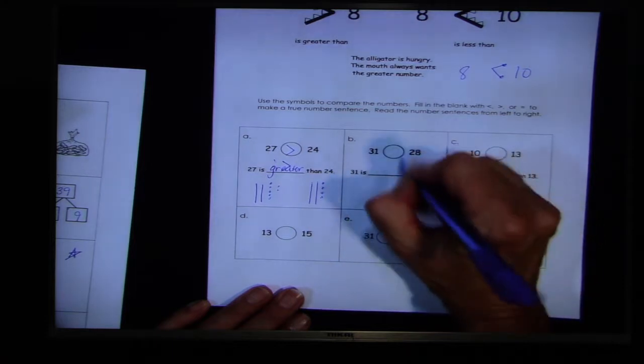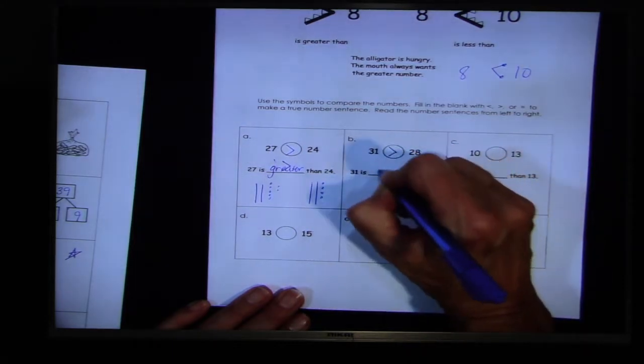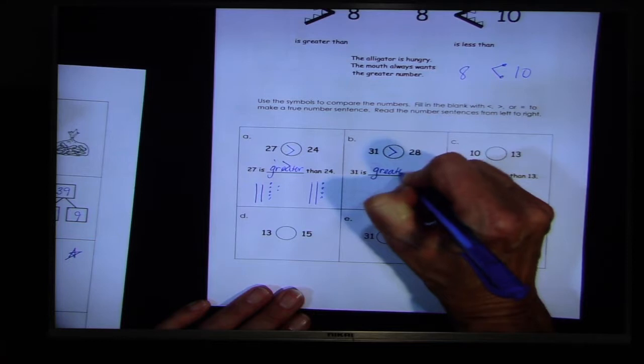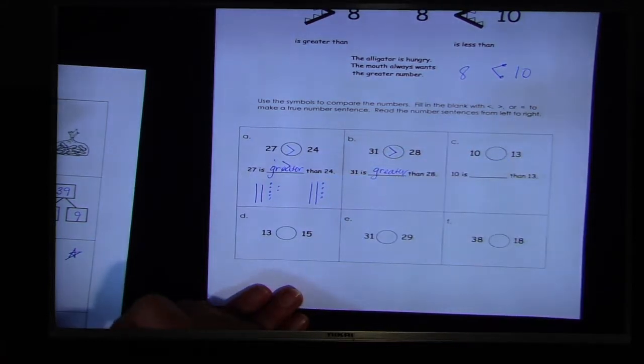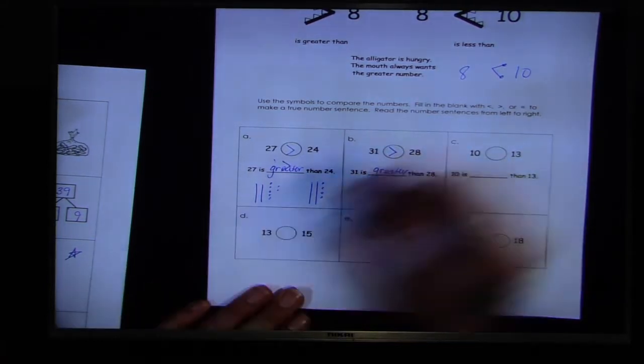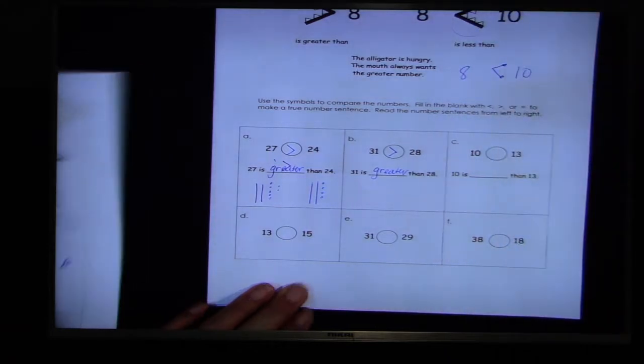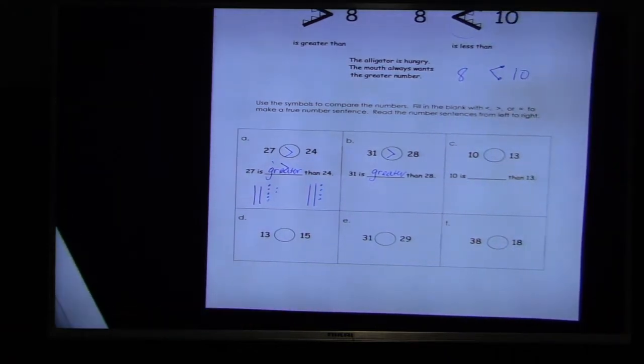31 is also greater than. So you can see how that goes. The symbol really is the bigger hang-up than the understanding of numbers. Because really in first grade, even though the numbers have gotten larger, they do understand the idea of numbers that are bigger and smaller.